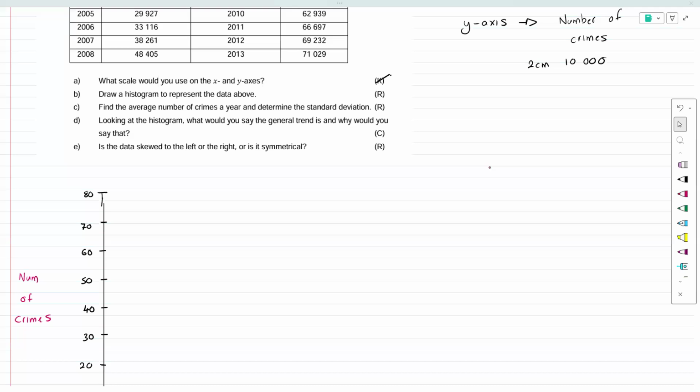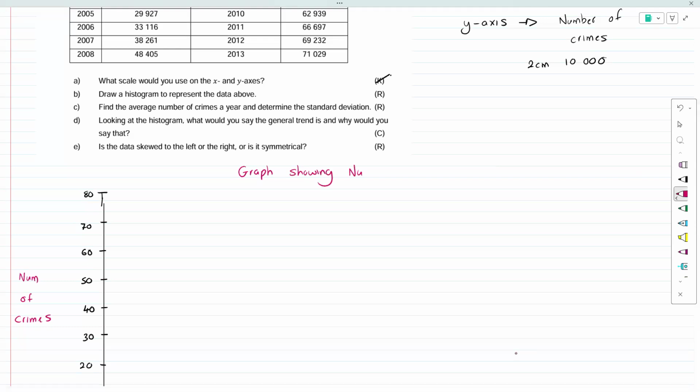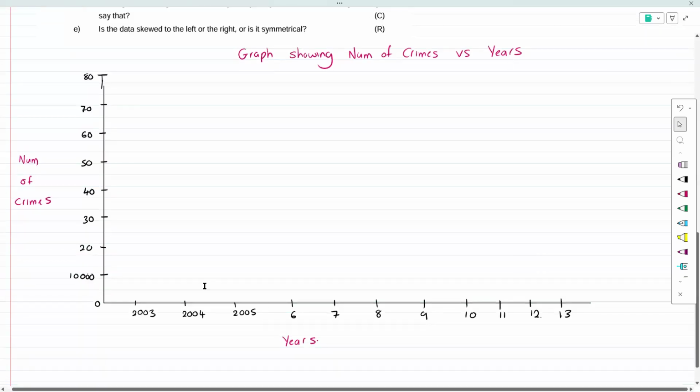I know this is more of a grade 8 thing, but a graph showing number of crimes versus years. So this is a lot of marks. You get marks for labeling this point, X, Y, and the name of the graph.